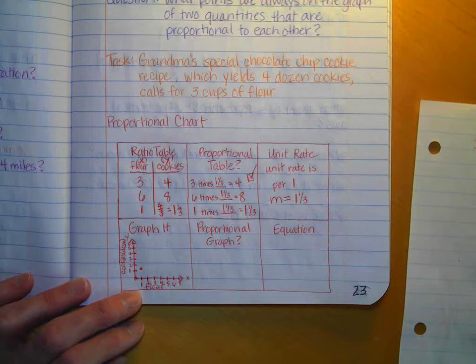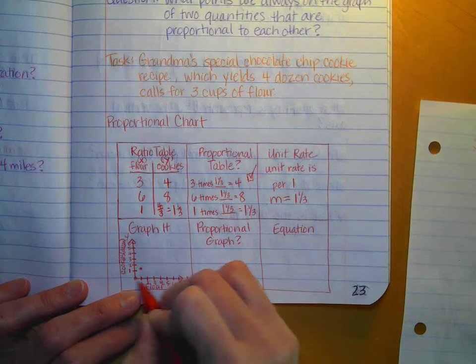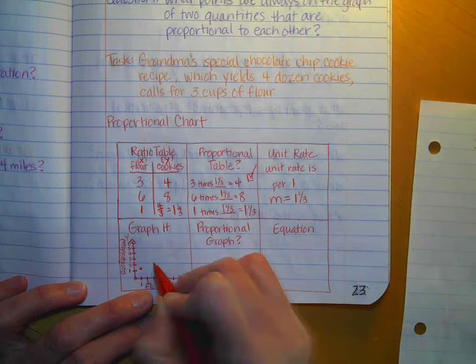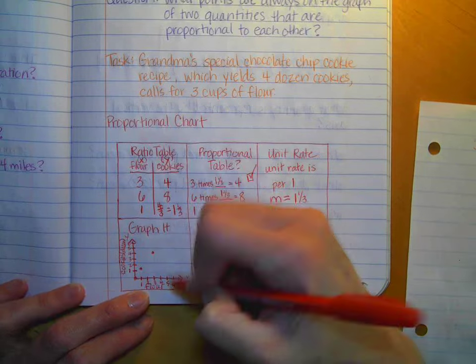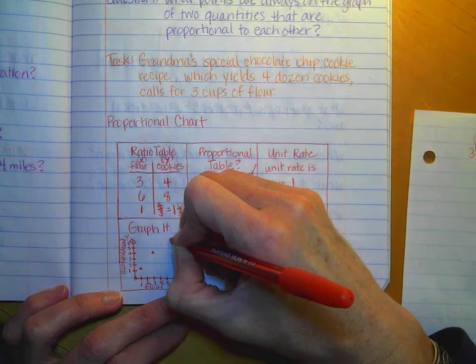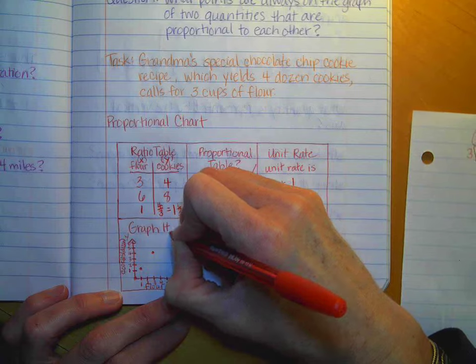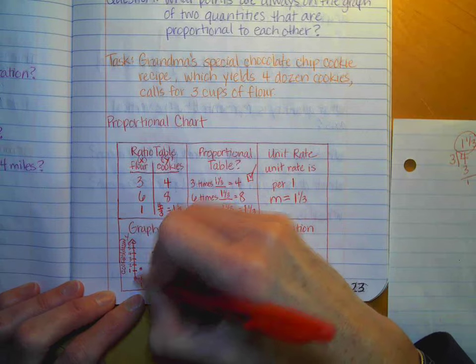And now we're going to plot all of the rest of what we have so you can see it. So the next one we have is 3, 4, so I go to the right 3 and up to 4, which happens to be about here, okay? And then we have 6 to 8, which would be clear up at 6, 7, so we would say it's about here.